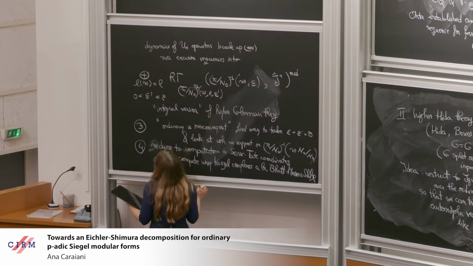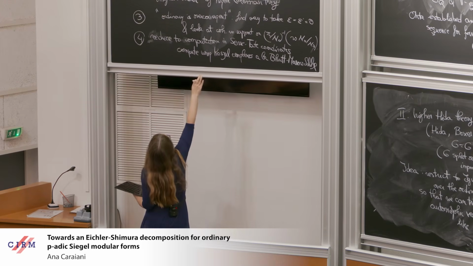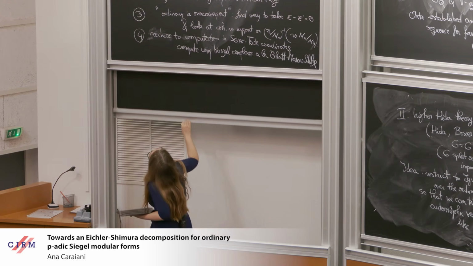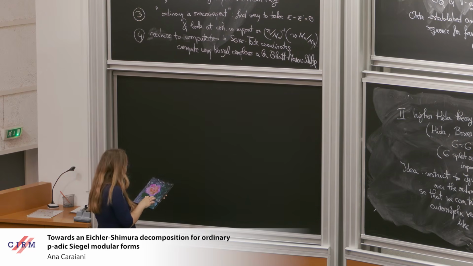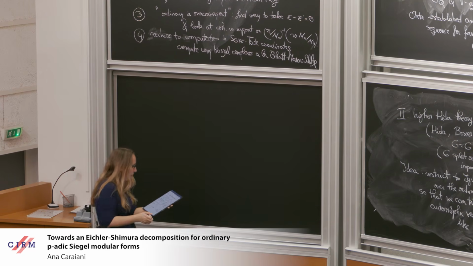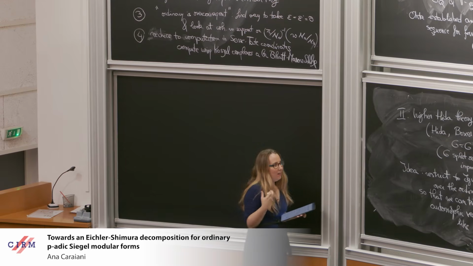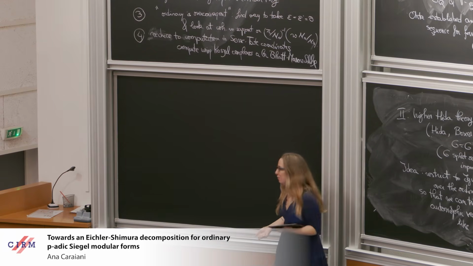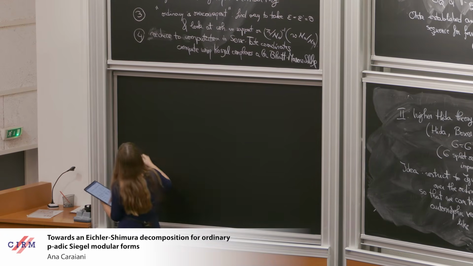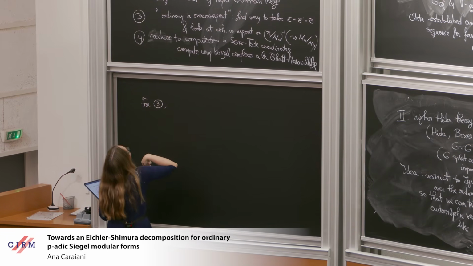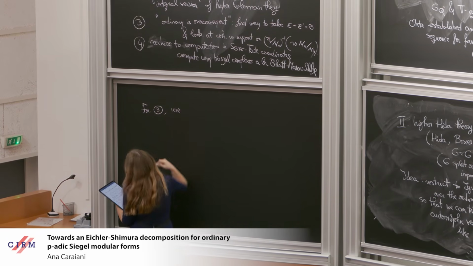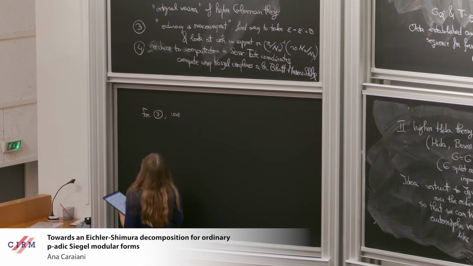Okay, so I wanted to maybe give a bit more detail about this step 3 that I said in my view is somehow, I don't know, it was the sticking point for a long time. And here, for this step, we really use an idea that's already in the paper of Boxer and Pilloni.